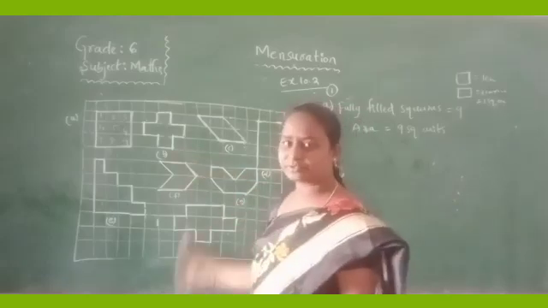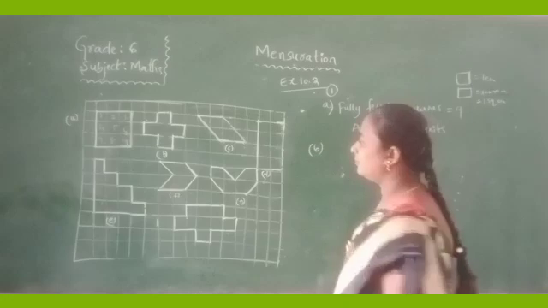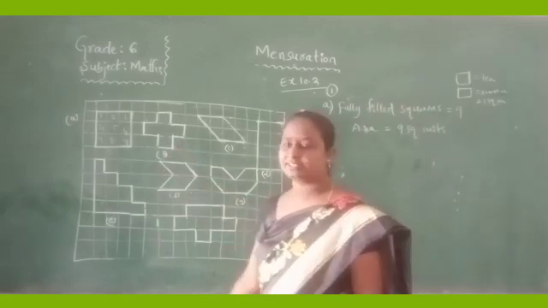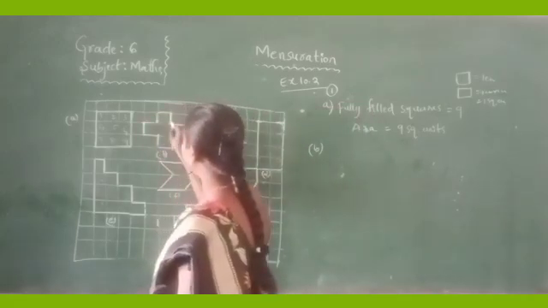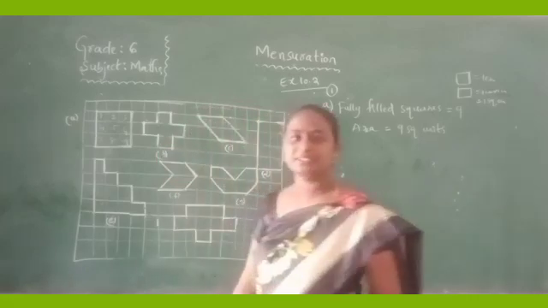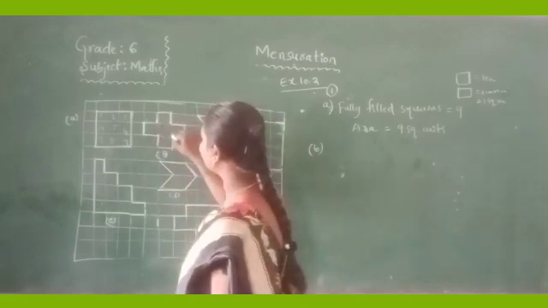So there are no half squares now. No need to write that. Now take the B figure. So which figure is it? Like a cross. Right. Okay. See children. Here also, is there any half squares? No. No half squares. Here also the full squares are directly given.